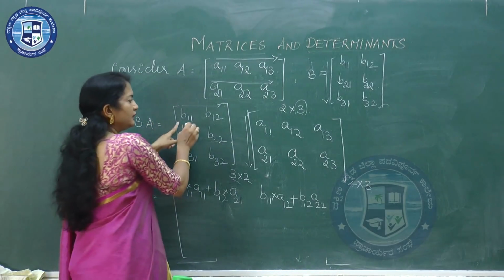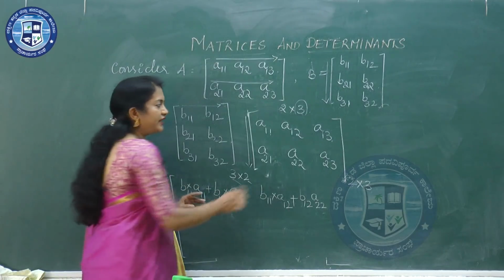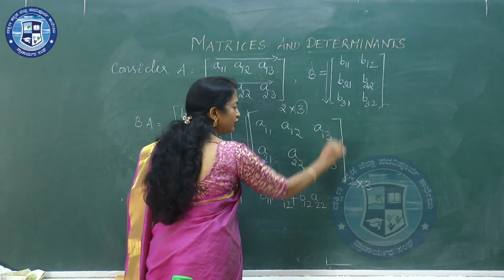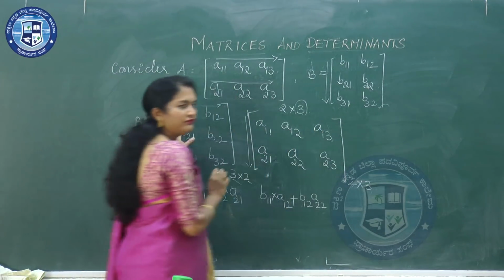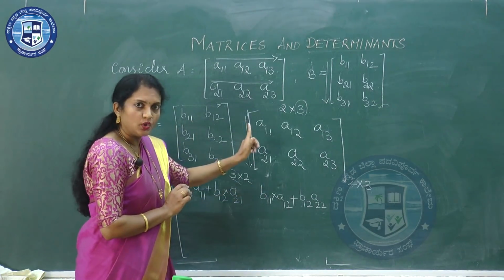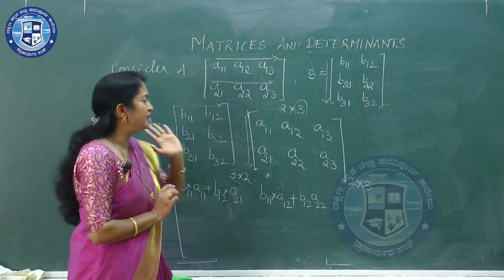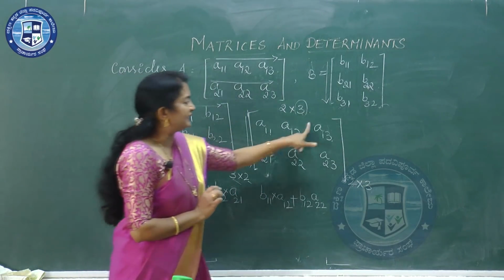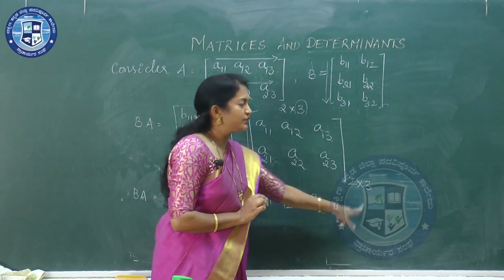Now the first row multiplication is not over yet. There is one more column. So first row, third column we will take. Now the operation is with the first row only, so whatever elements we are getting will be in the first row only. So first row, third column means first row, third element we are going to get.